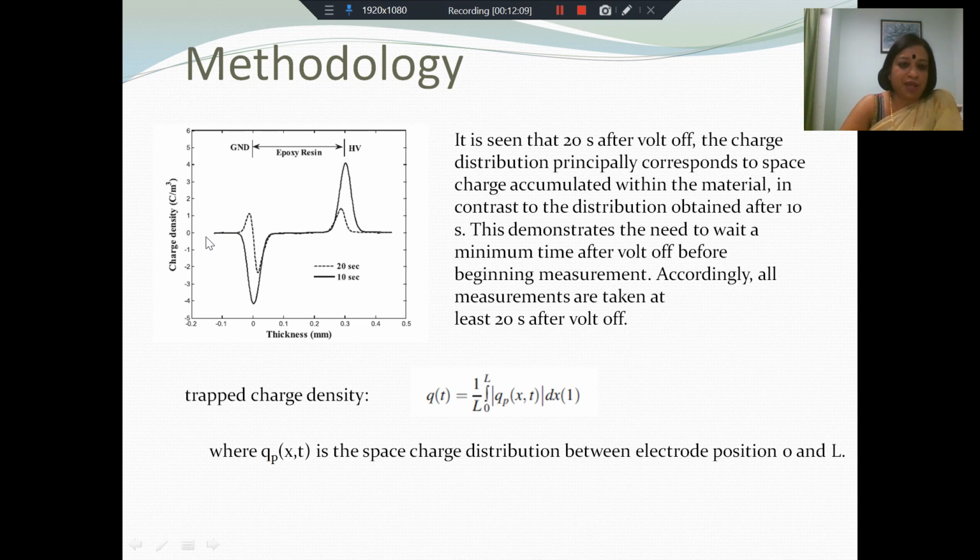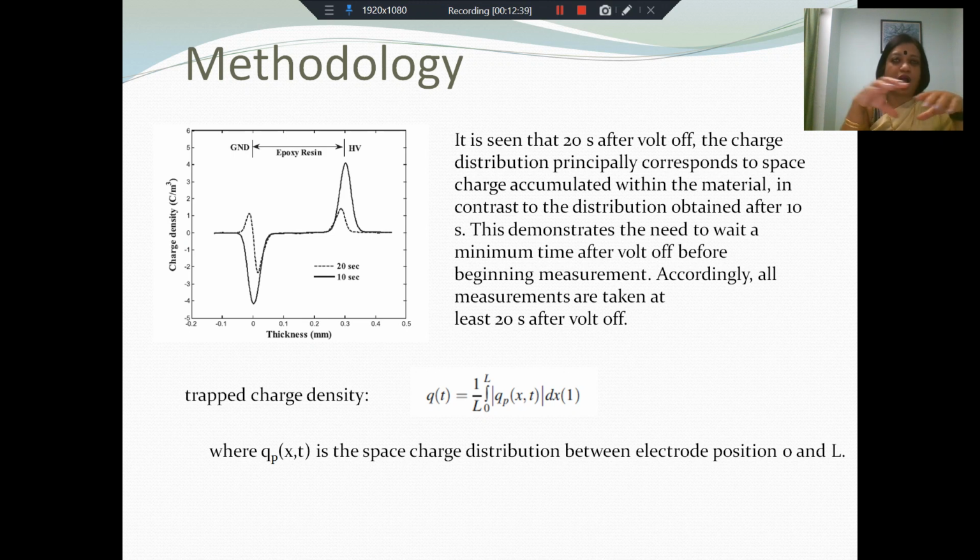For example, if you look at this signal, this is the depolarization signal. That means the charge has been trapped and we have just removed the supply so that the charge has not had time to detrap. When you remove the supply source and short circuit the specimen, the trapped charge will flow out and can be registered.